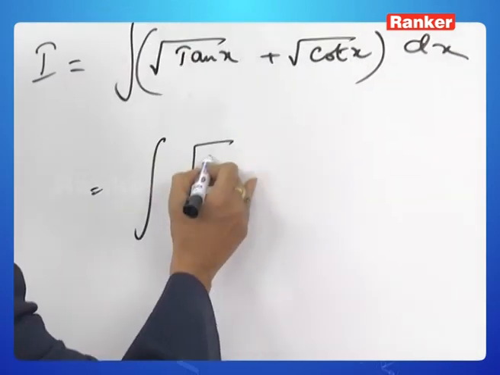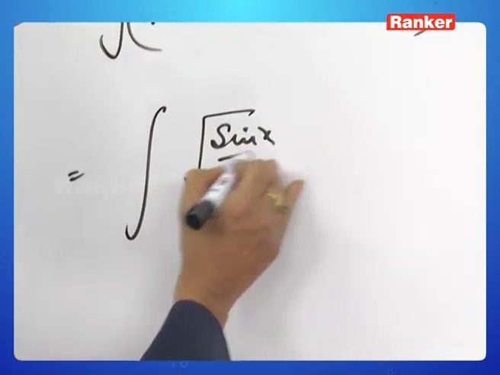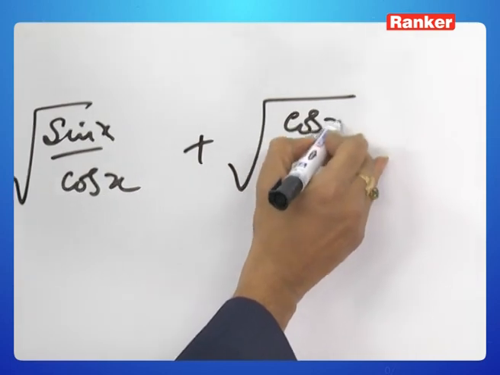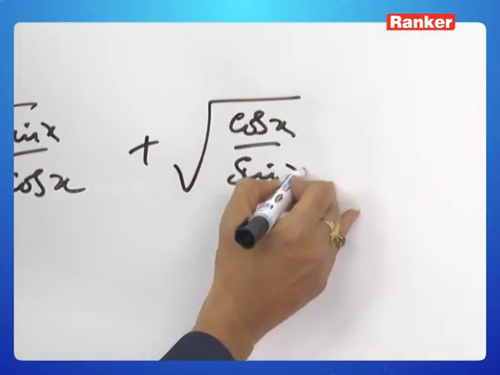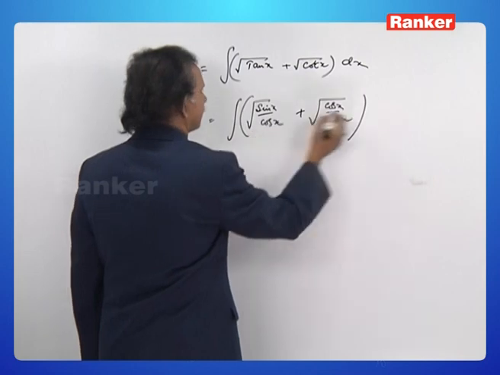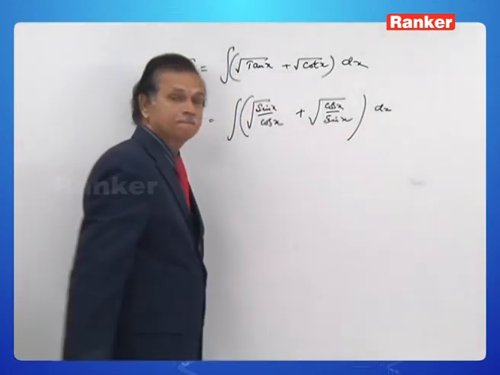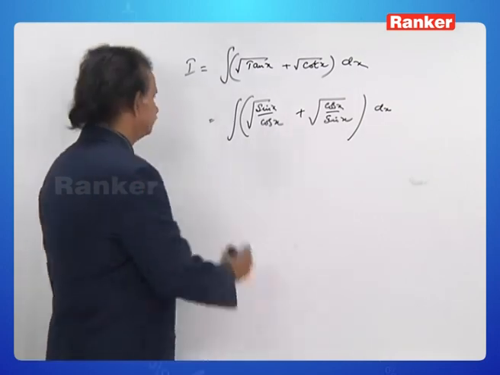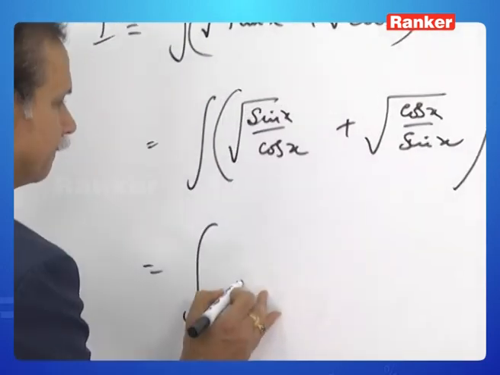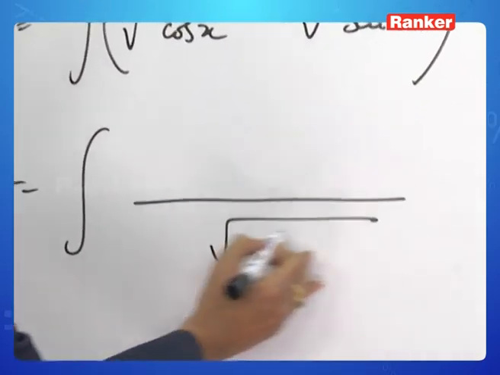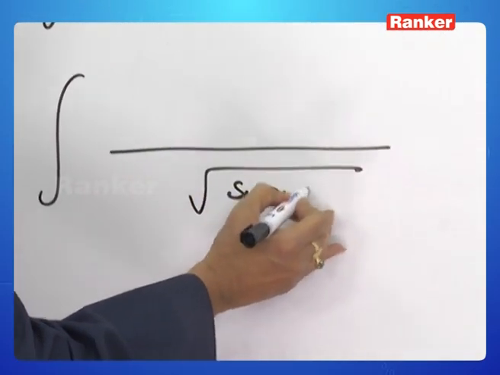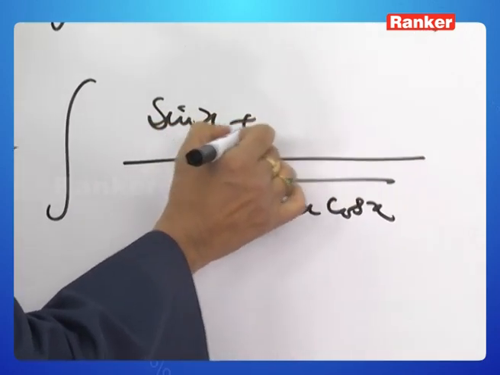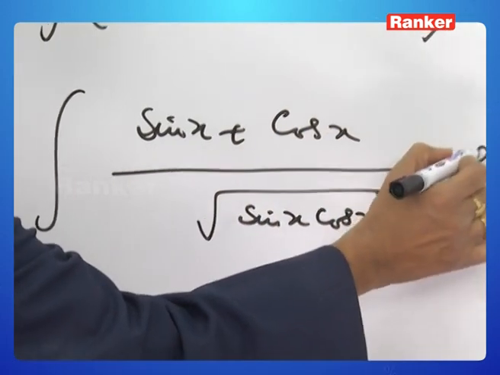Integral of root of sin x by cos x plus root of cos x by sin x dx. And the next immediate step will be, you just take the LCM. Root of sin x into cos x, and the numerator of course becomes sin x plus cos x dx.